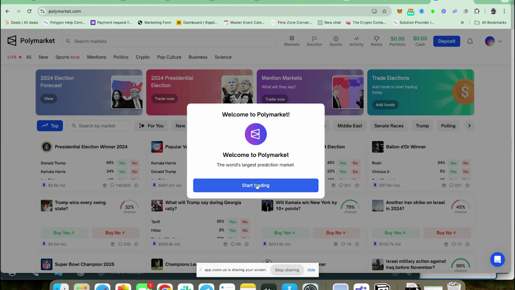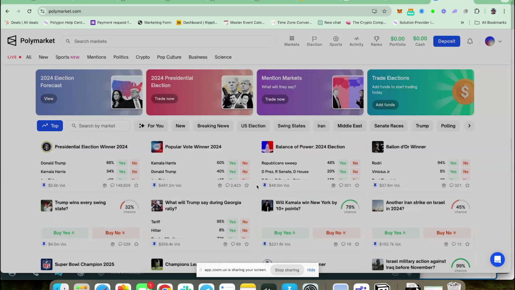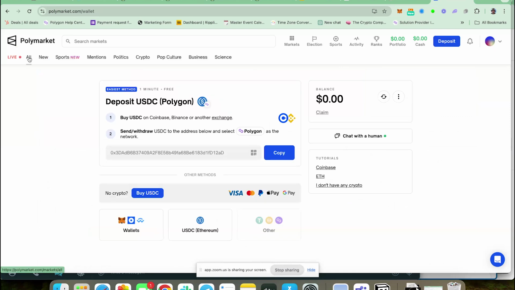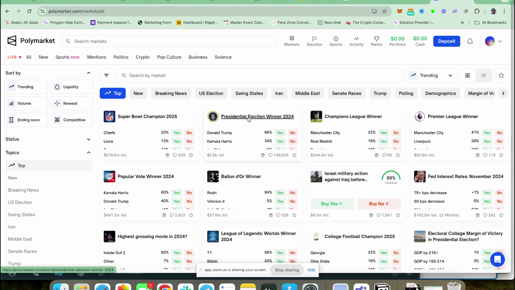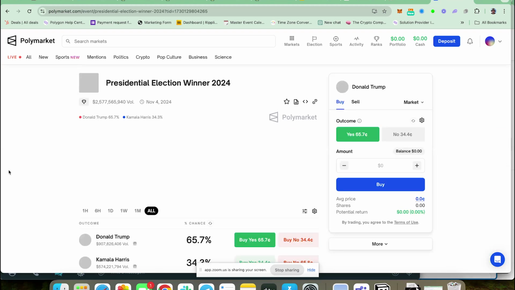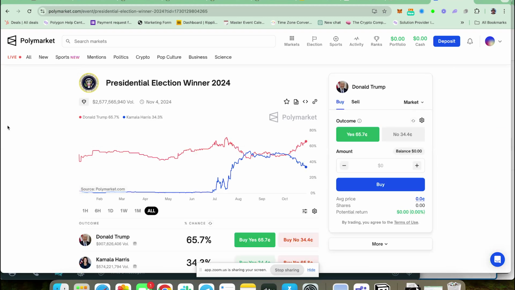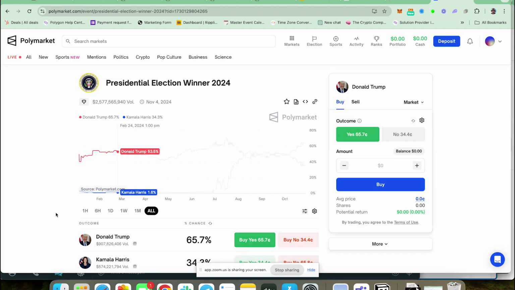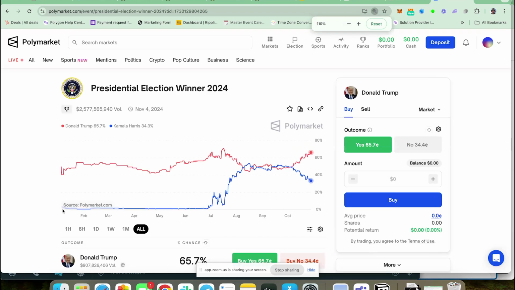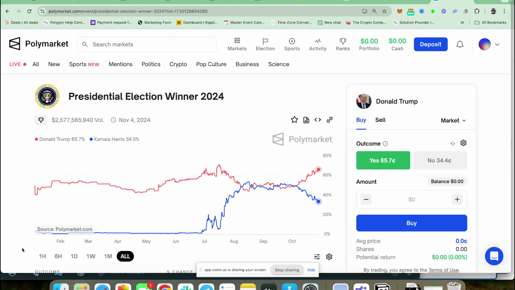So, as I told you, let's go to the American presidential election winner. If I go here, what do we see? What we see here is an evolution of how the bets on Polymarket are developing.